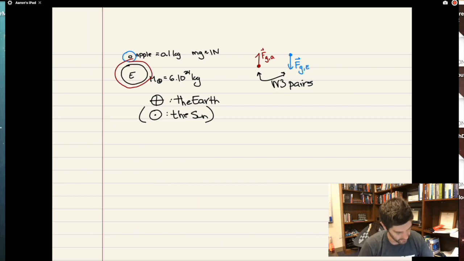We could look at, let me define up as positive, the sum of the forces on the apple, and that equals the mass of the apple times the acceleration of the apple.